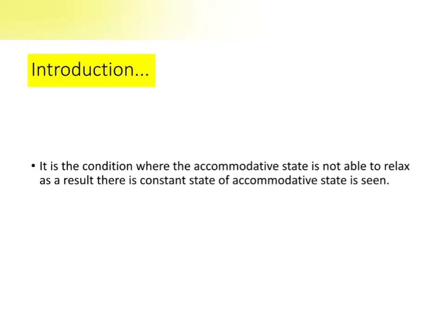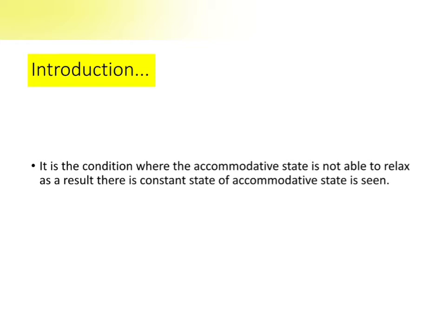Accommodative spasm is that condition where a constant form of accommodation is seen, and the lens is unable to relax and stays stuck in that accommodated state for a prolonged period of time. That is called accommodative spasm. Due to this prolonged accommodated state, it leads to more positive power in the lens, because when the lens is in the unaccommodated state, it has a dioptric value of plus 18 to plus 20 diopter.